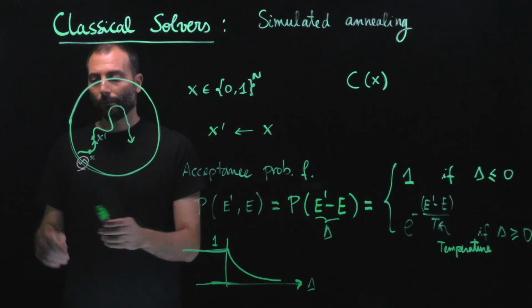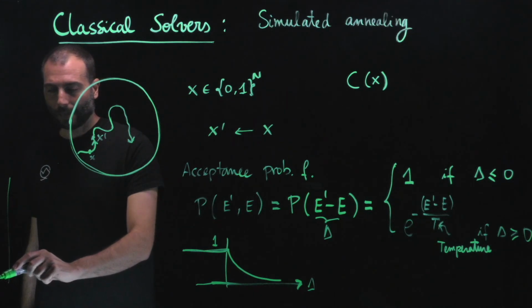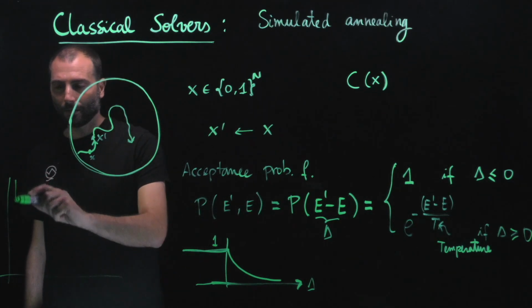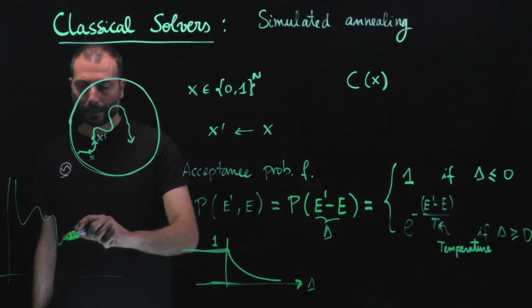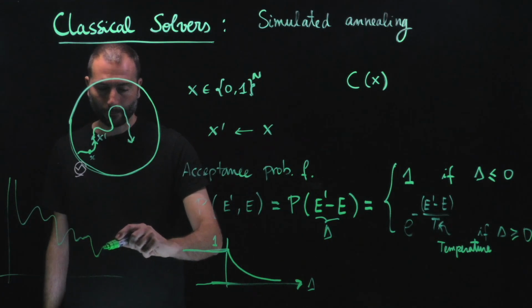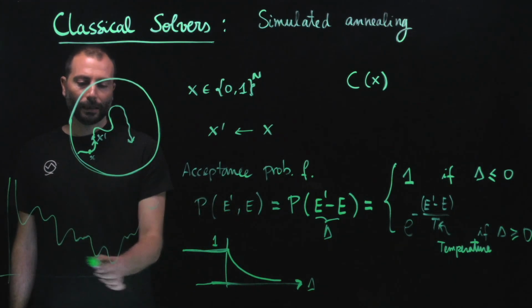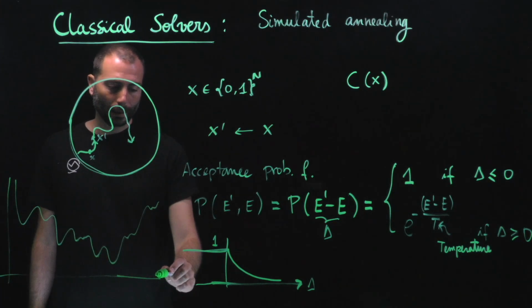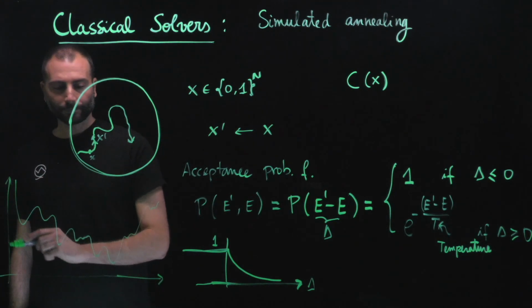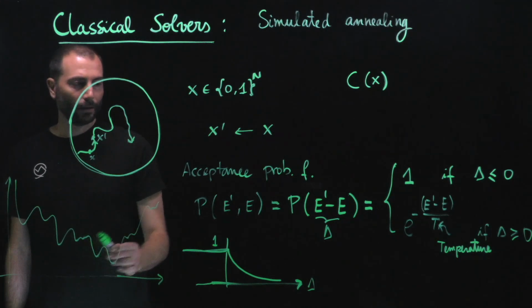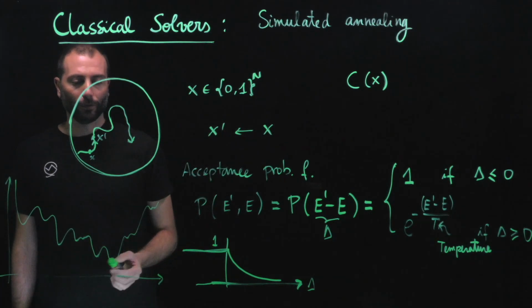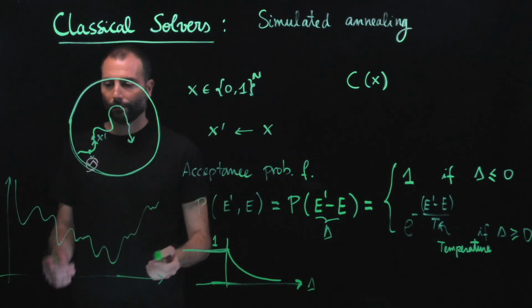So now I will put here an example of a potential, for instance, our energy landscape. But notice that this is a continuous example. It's not a discrete example like the one that we are considering, but it is just made to visualize.